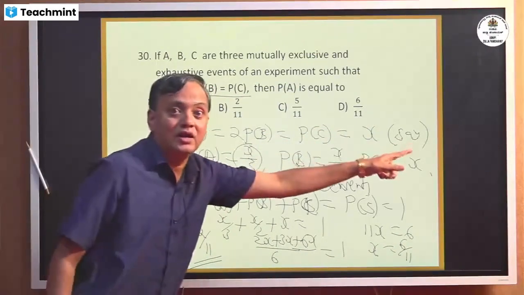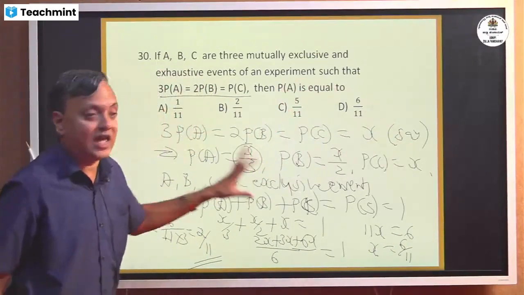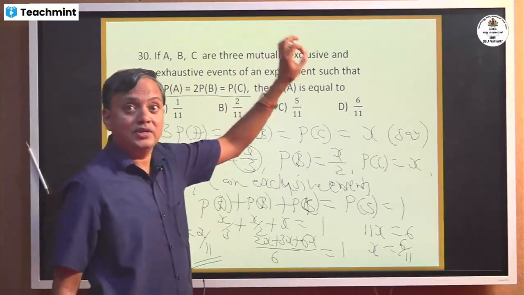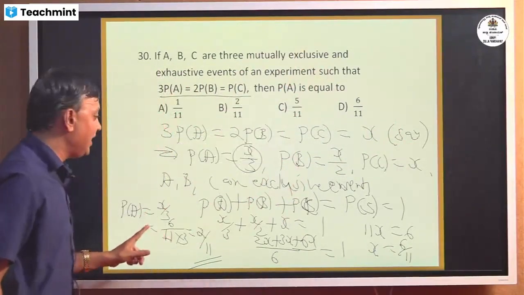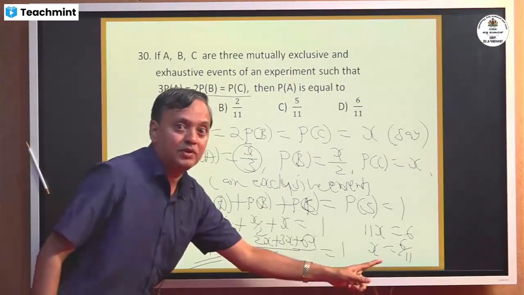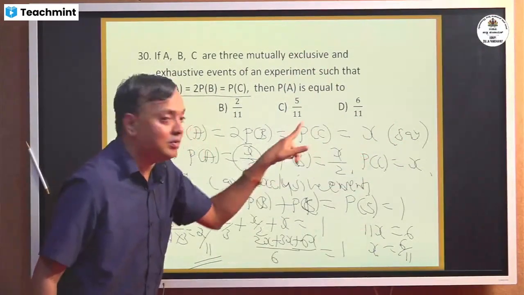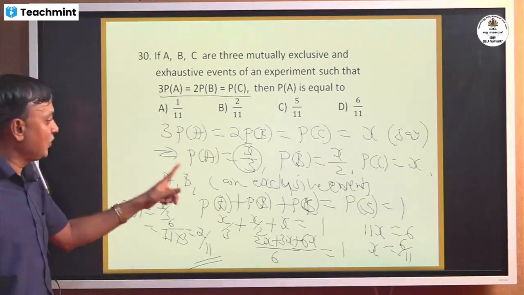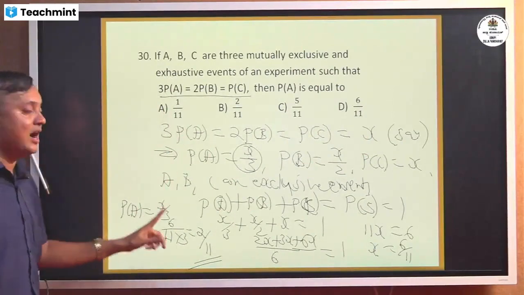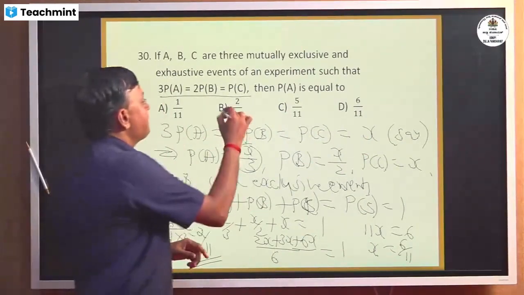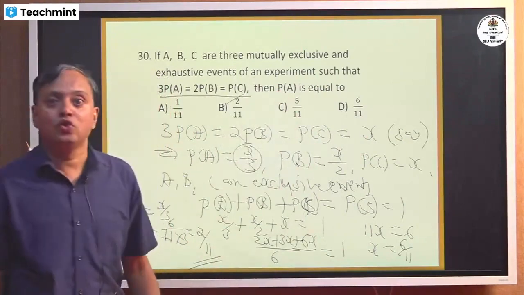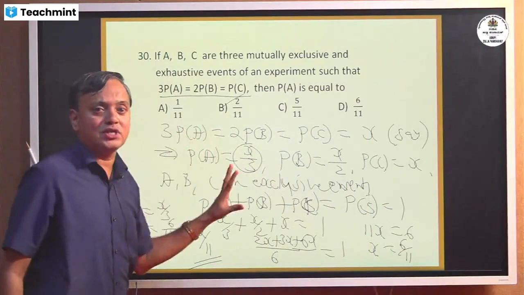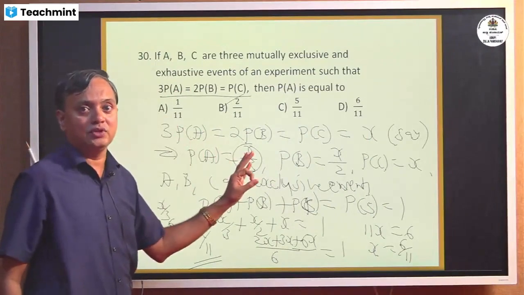Read the question carefully. Here P of A is asked. Therefore, after getting X, note that X is not P of A; X is equal to 3 times P of A. Therefore P of A is equal to X by 3. Answer is 2 by 11. Correct? 2 by 11. Here, mostly simple questions come in CET from first PUC.